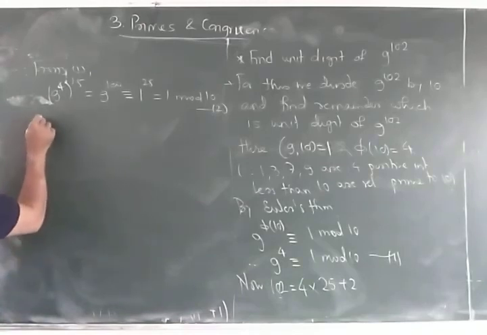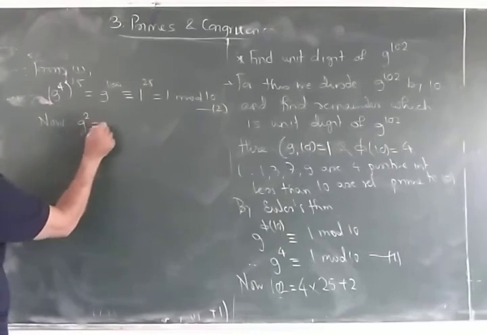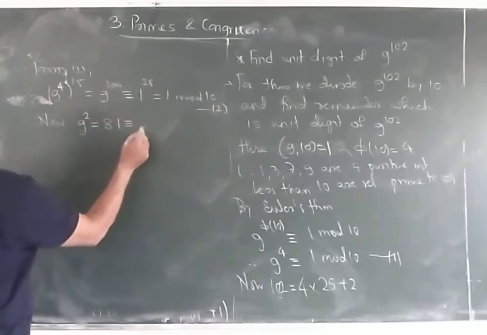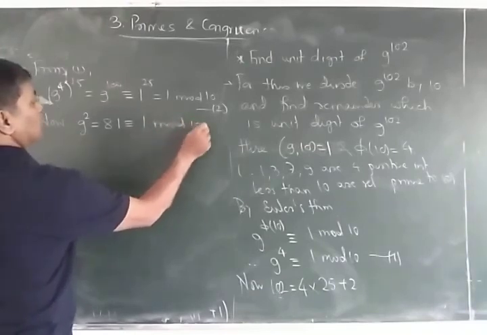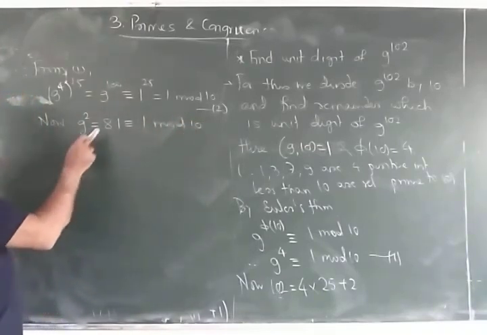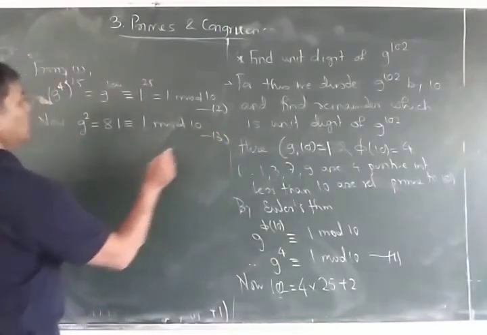Now 9 square is equal to 81, which is congruent to 1 mod 10, because 10 divides 81 minus 1. This is 3.